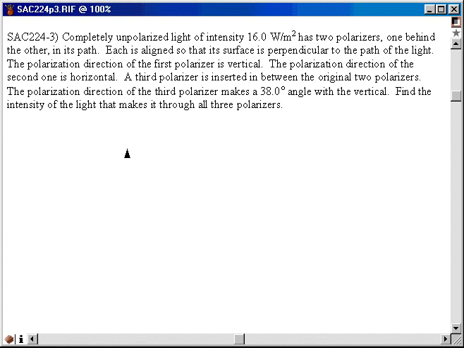Okay, this is a cool problem. We got some completely unpolarized light coming in, hits a polarizer, which is polarized vertically.